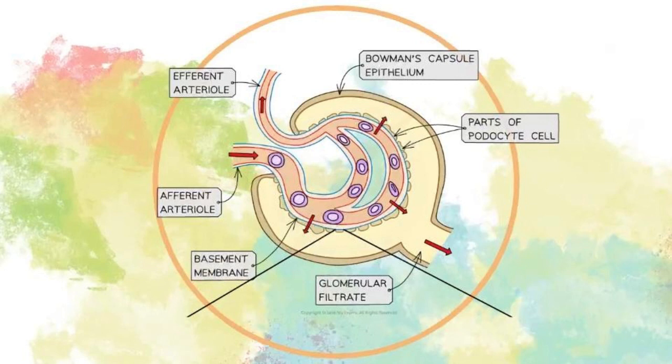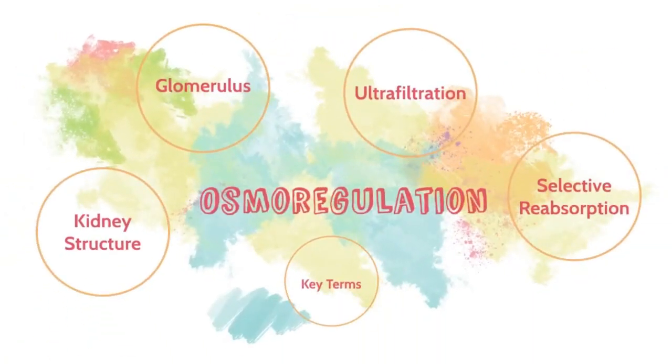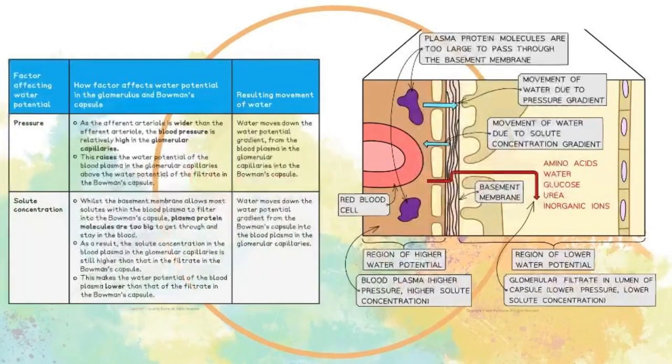And so just to end the lesson, I want to talk about different factors that can affect the water potential in the glomerulus and how that affects the movement of water. Ultrafiltration occurs due to the differences in water potential between the plasma in the capillaries and the filtrate in the Bowman's capsule.